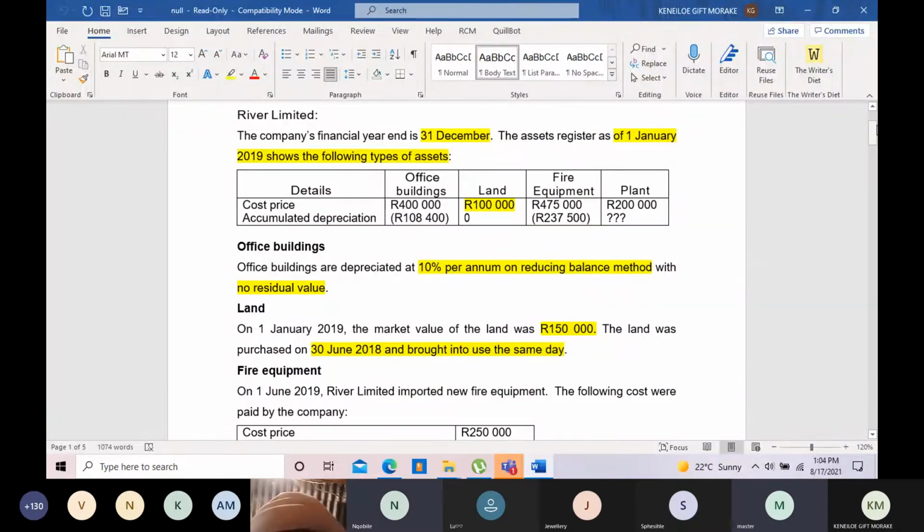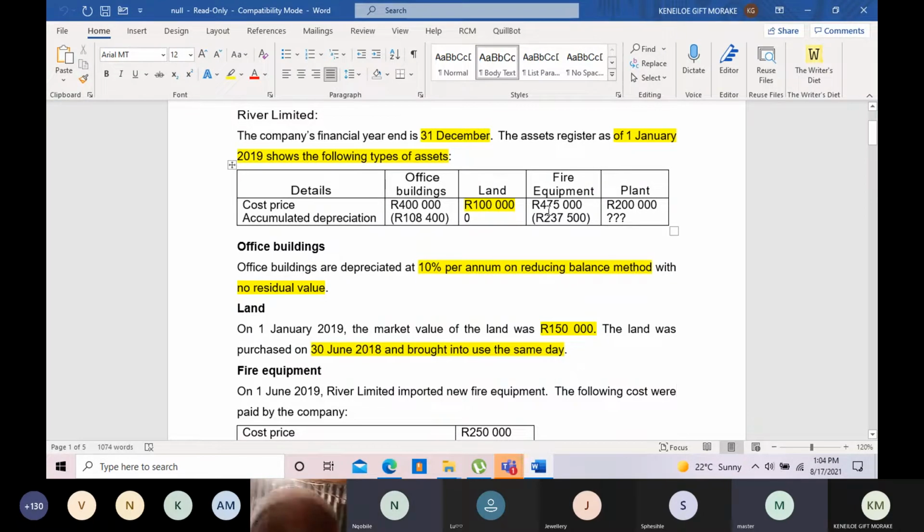You see now, every time I start calculating a new asset, I start on top here. I start with these balances that you see here. I started with the land, the office building followed, and so you see that 475,000 is your cost price for fire equipment.